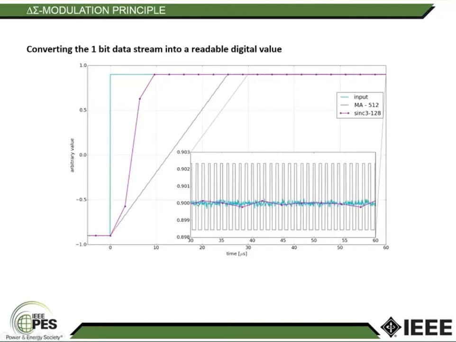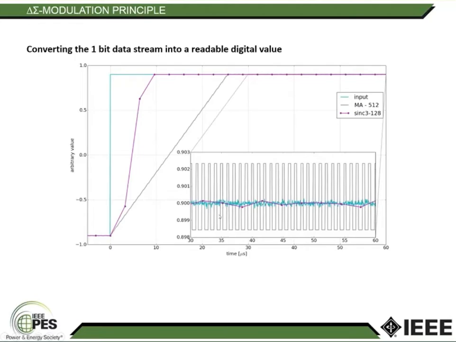The difference is, though, as the sinc filter uses an oversampling rate of 128, you get a signal every roughly 3.5 microseconds or something, while the mean average gives you the full 1-bit data stream frequency back, which is, I think, 20 values per microsecond. And you can see that.